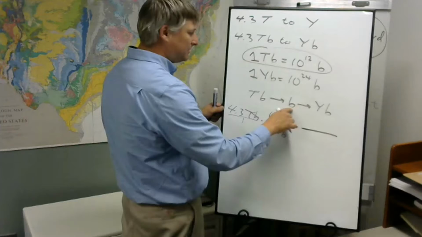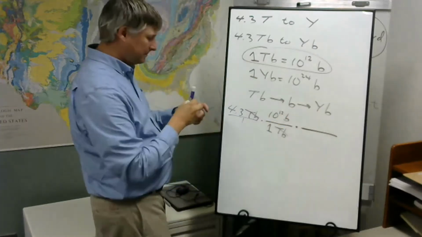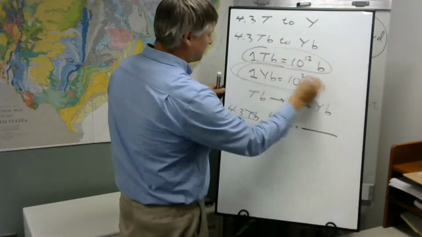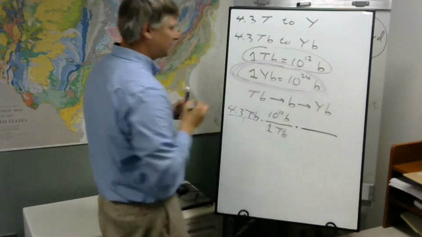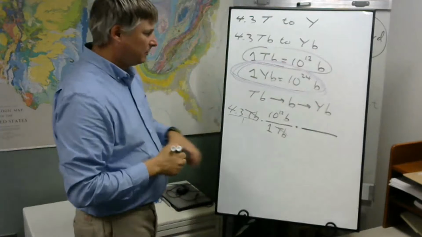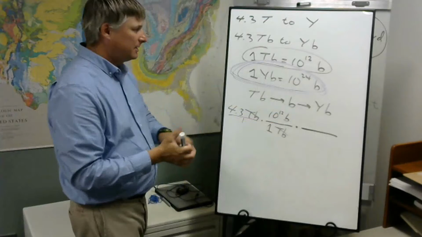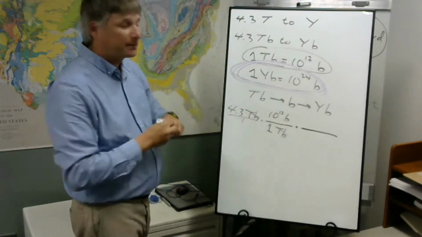Next, we need to go bytes to yottabytes. So that means we need this relationship now. We need the bytes to cancel because we're going bytes to yottabytes. That means this has to go on the bottom.